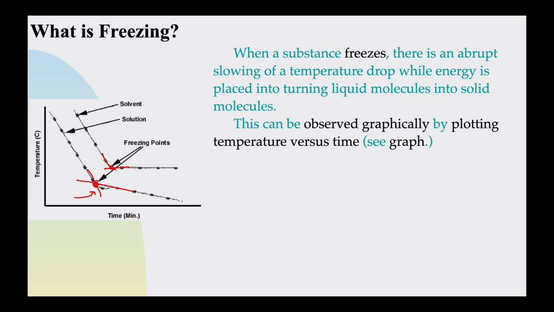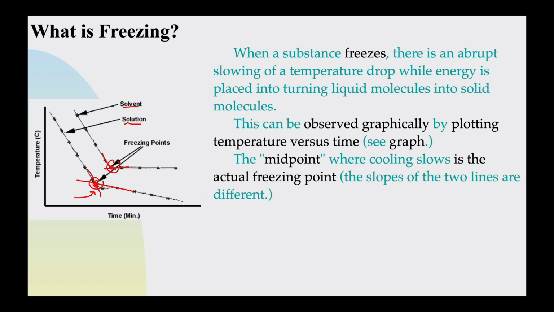You don't need to perform a linear regression in this lab, but you do need to visually figure out where those freezing points are. And again, notice how the solvent freezing point is a higher temperature than the solution point. So this point would be a higher temperature than that point, and that's what should happen. Freezing points of solutions will be lower than the freezing point of the pure solvent.